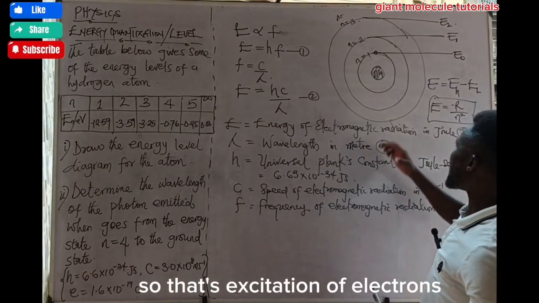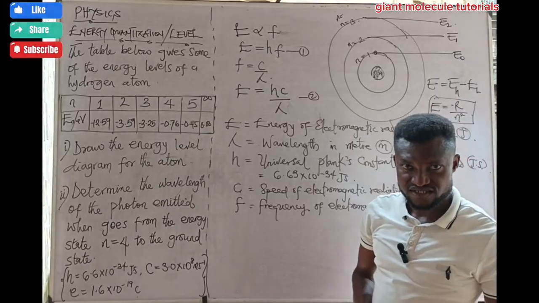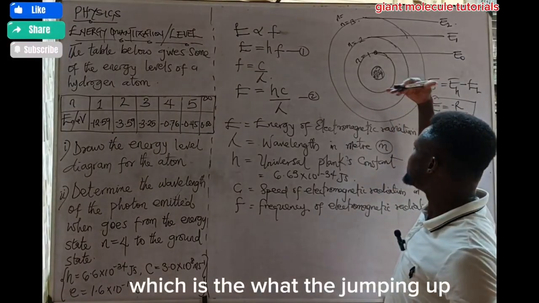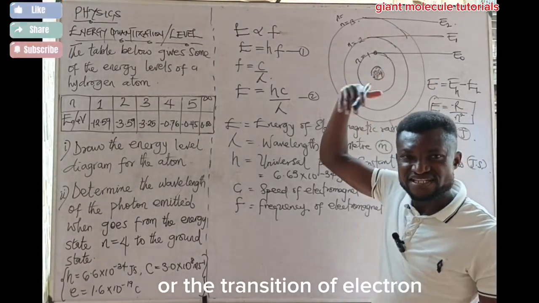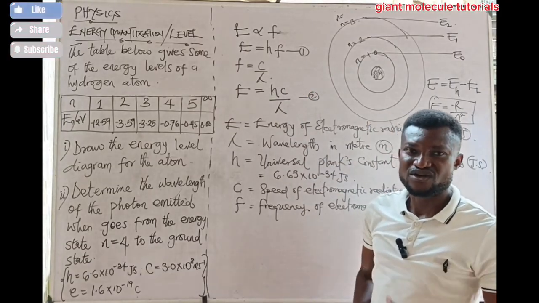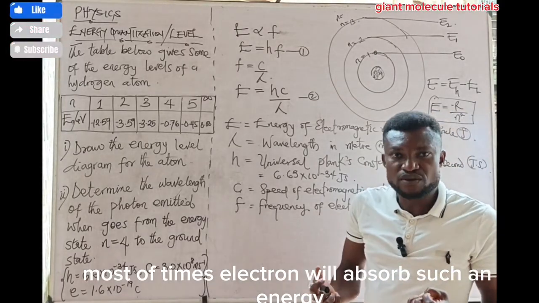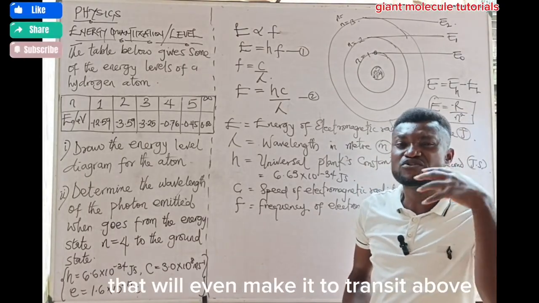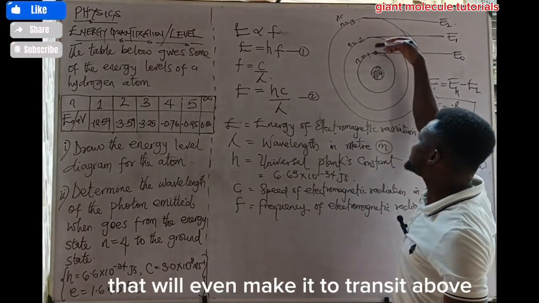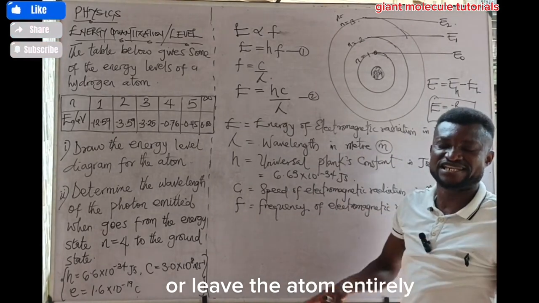So, that excitation of electrons is what? The jumping up or the transition of electrons from a lower energy level to a higher energy level. Most of the time, an electron will absorb such an energy that it will even transit above or leave the atom entirely.